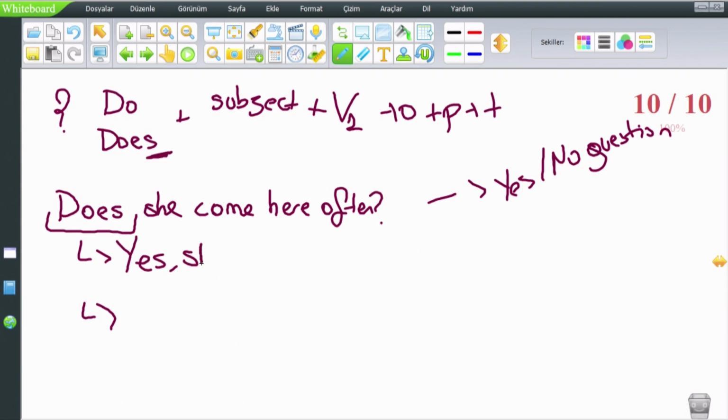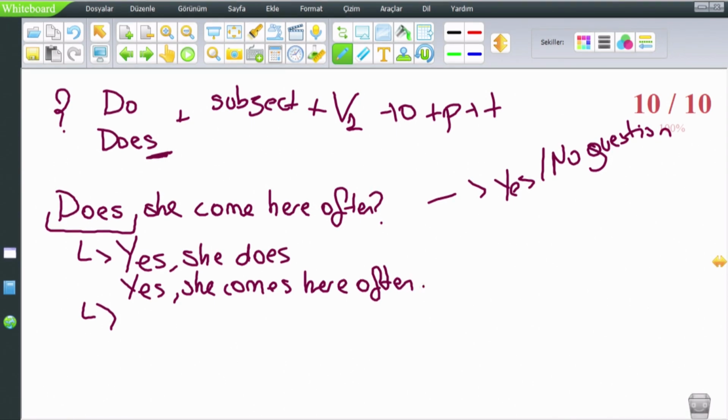Yes, she does. This is our short answer. If I want to give a long answer, I can say, yes, she comes here often. You have to be careful with this does, because in a short answer, we can say it, but in the long one, we can't. Why? Because if you don't see yes in the long answer, this is actually a full affirmative sentence.